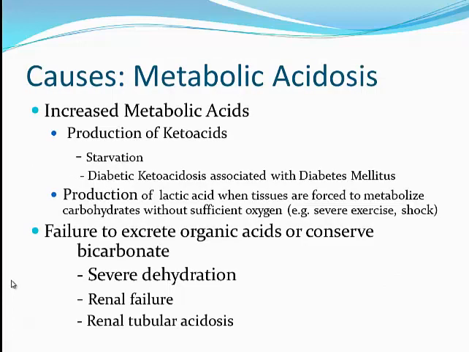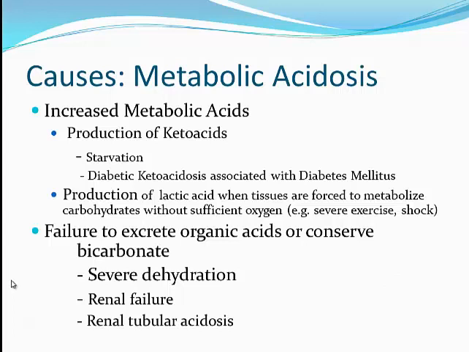Causes of metabolic acidosis are increased metabolic acids. So we have production of keto acids. These are our diabetic ketoacidosis patients associated with diabetes. Starvation. So these can be patients that have ketones in their urine from starvation.